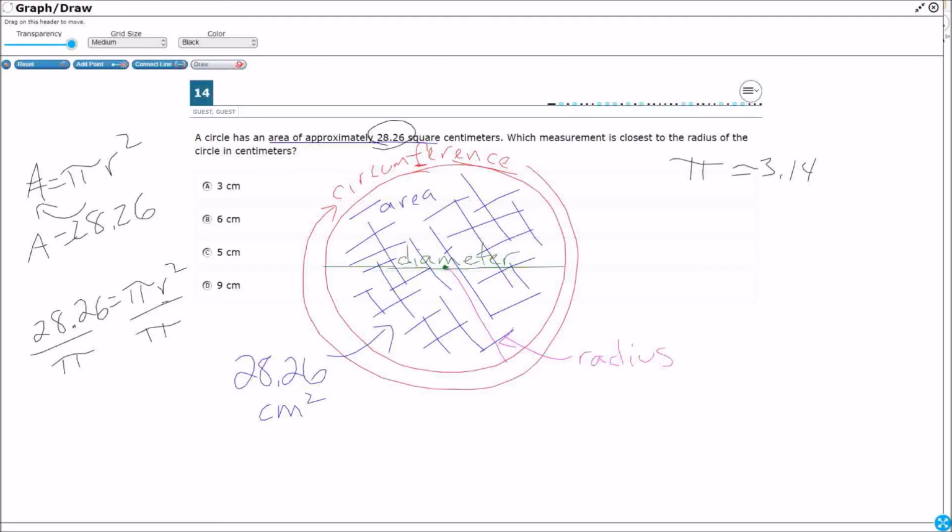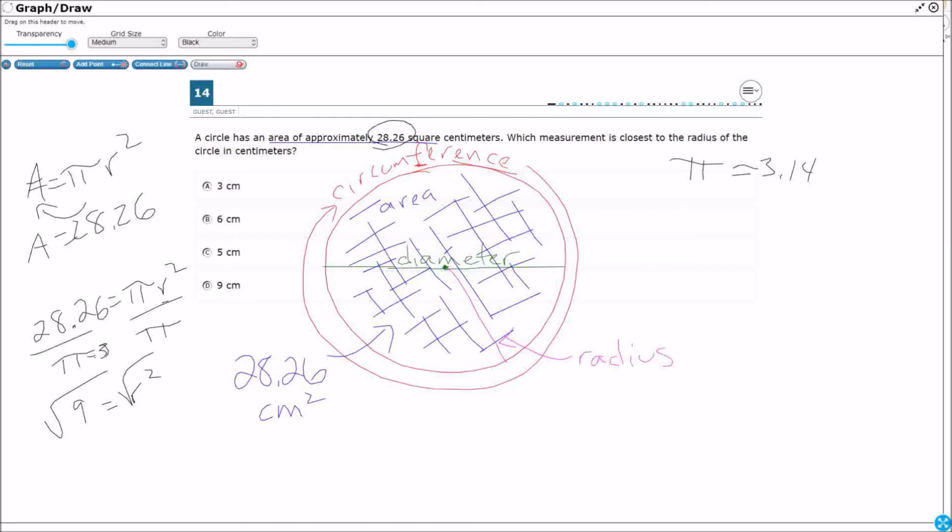If I make that 3, the closest multiple of 3 to 28.26 is 27. It's a little bit above 27, and 3.14 is a little bit above that 3. So I'm just going to say it's about 9, because it's about 27 divided by 3, or 28.26 divided by 3.14. So about 9, and that's good because that's a perfect square.